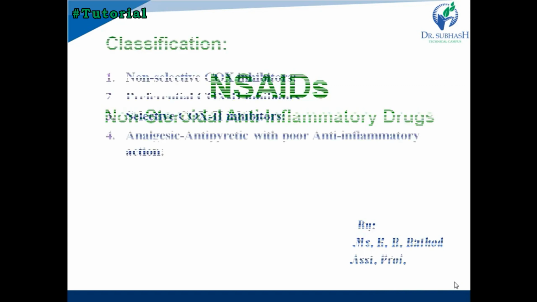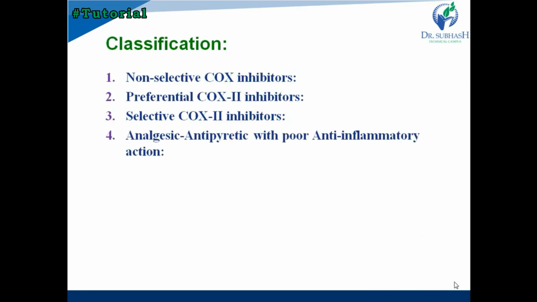Based on the isoforms of the enzyme cyclooxygenase, the NSAIDs are classified into four main classes. First class is non-selective COX inhibitors, then preferential COX-2 inhibitors, then selective COX-2 inhibitors, and fourth, analgesic and antipyretic with poor anti-inflammatory action.